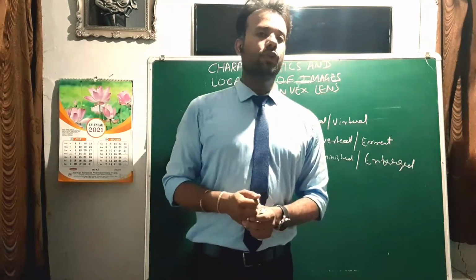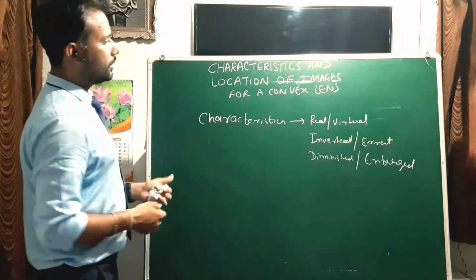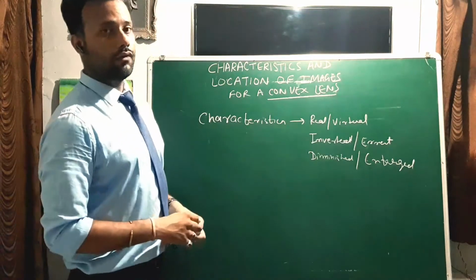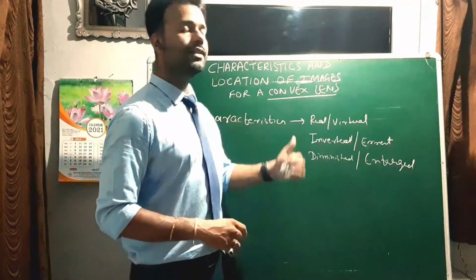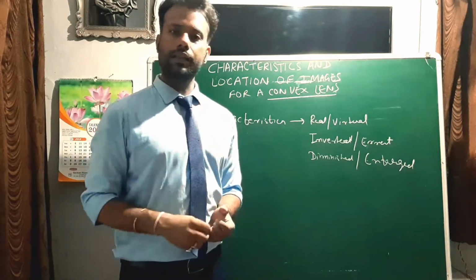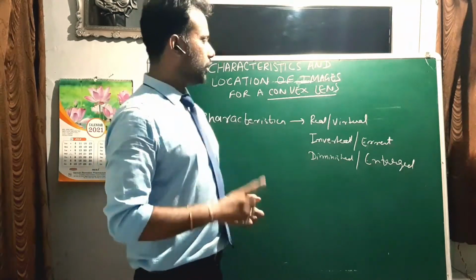Alright, so let us start with the convex lens. What are the cases in a convex lens, and what are their characteristics and the location of the object and their images? So let's start with the first case.